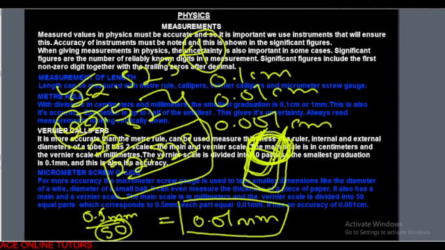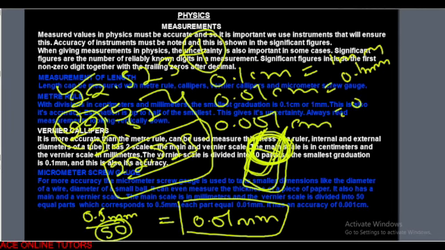So this is where we are going to stop. We must make sure we know the accuracy of each of these apparatus, both in centimeter and in millimeter. If you want to convert to millimeter, just multiply it by 10. This will be 1 millimeter. This will be 0.1 millimeter.